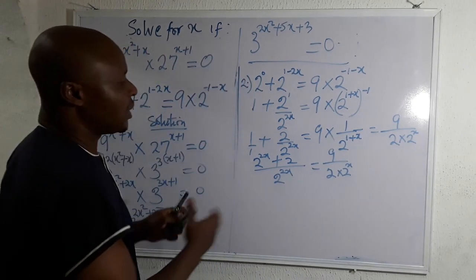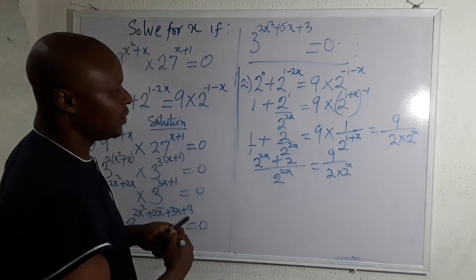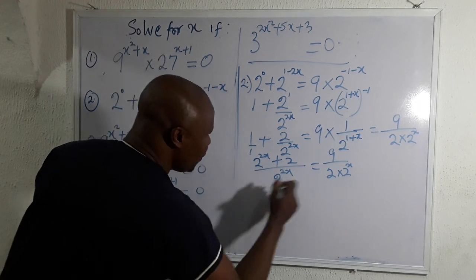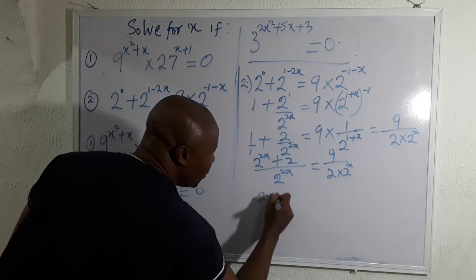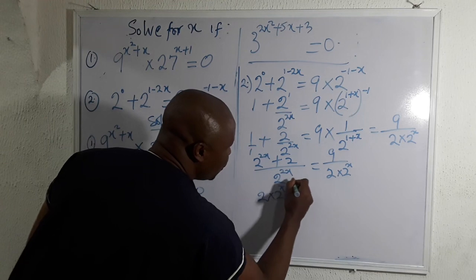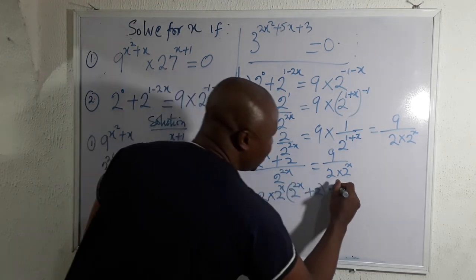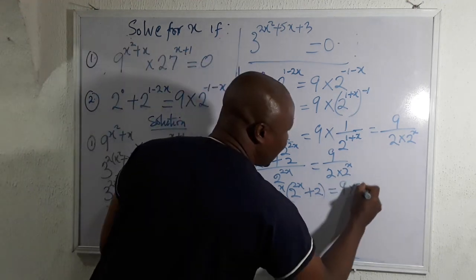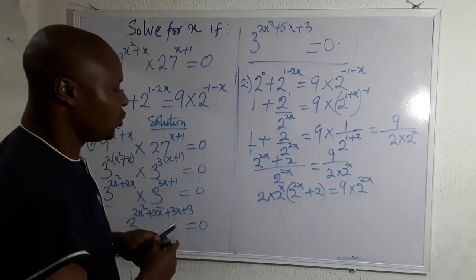So now we do the cross multiplication. We have 2 times 2 raised to the power x times 2 raised to the power 2x plus 2, and that will be equal to 9 times 2 raised to the power 2x.